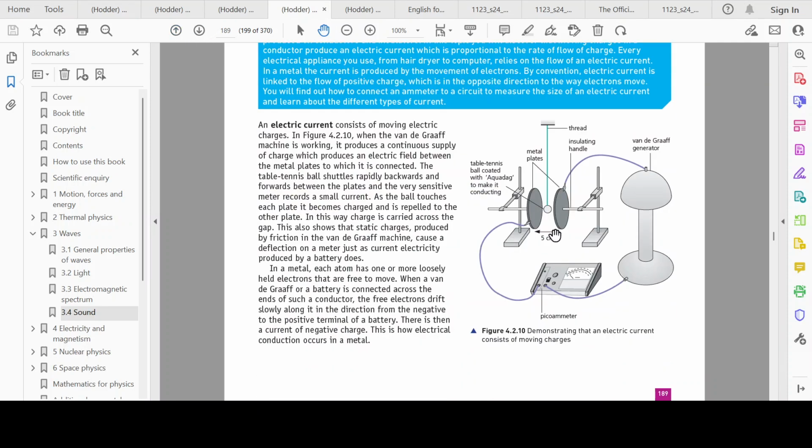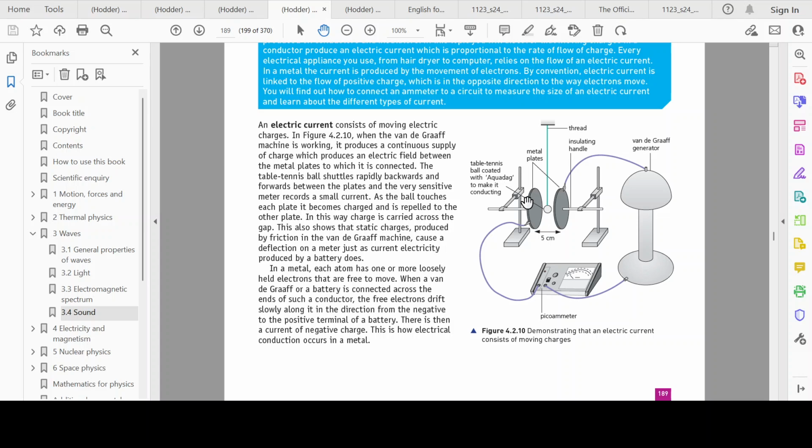All right, so here they've got a Van de Graaff generator which generates a charge, and then they've got these two metal plates. They've got it connected to a pico ammeter which detects very small currents. You've got milli, then micro, then nano, and then pico, so pretty small.